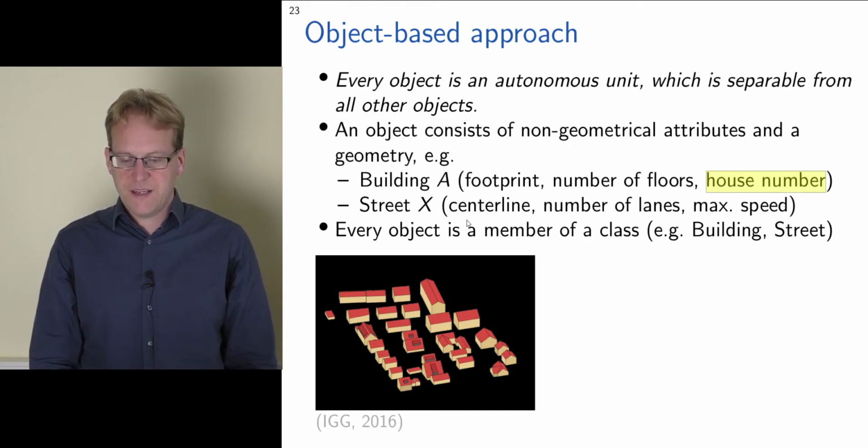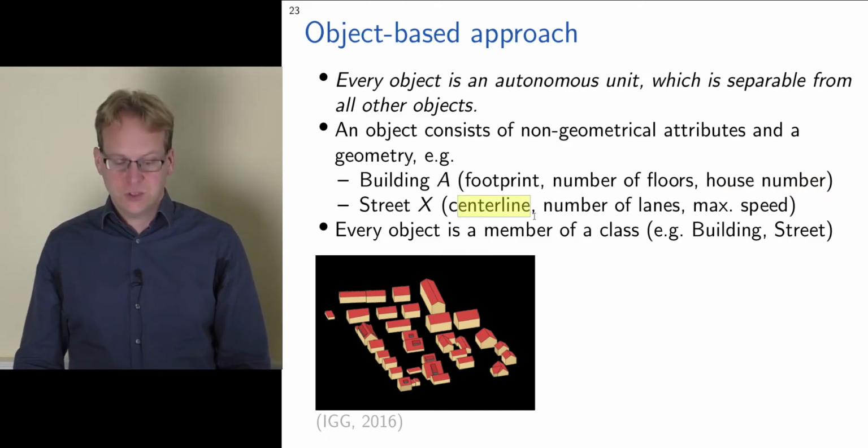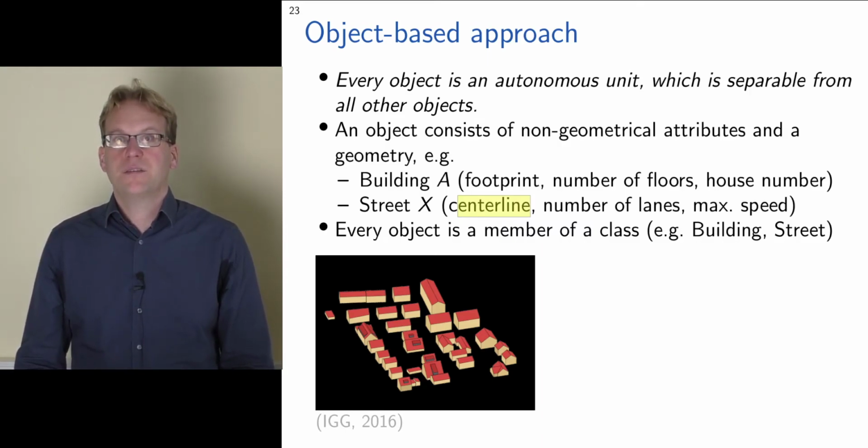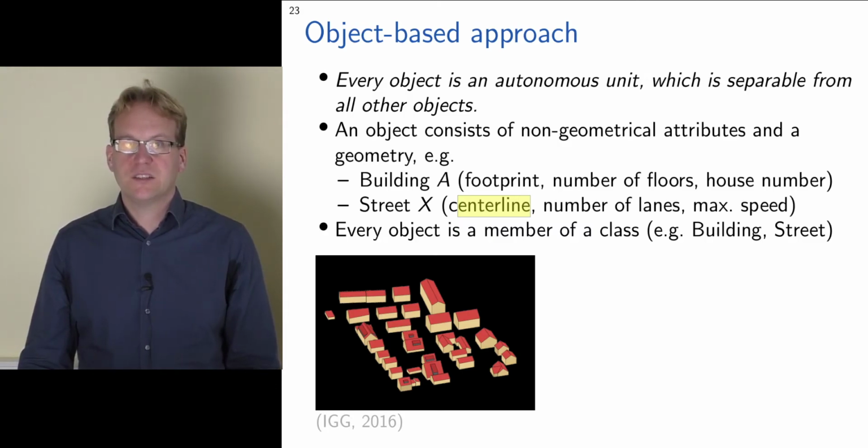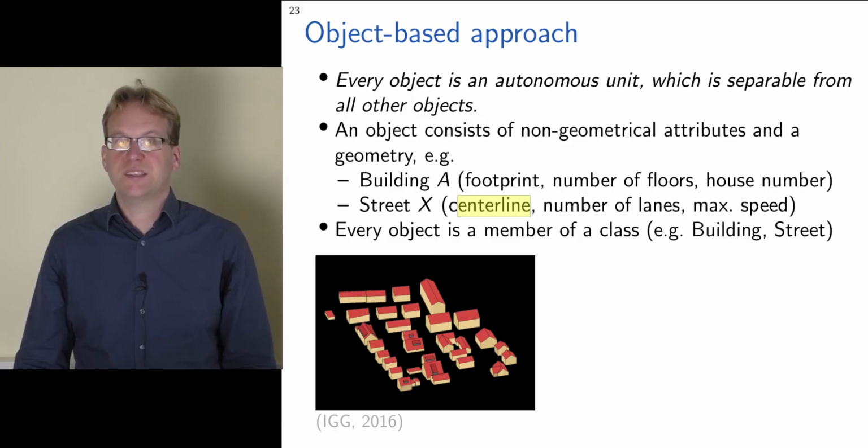A street, on the other hand, relates to the scale and the level of detail that we use. Of course, for some applications, it's also useful and reasonable to represent a street with a polygon.